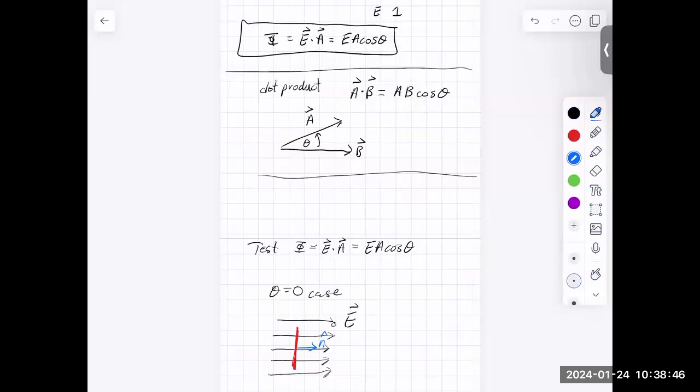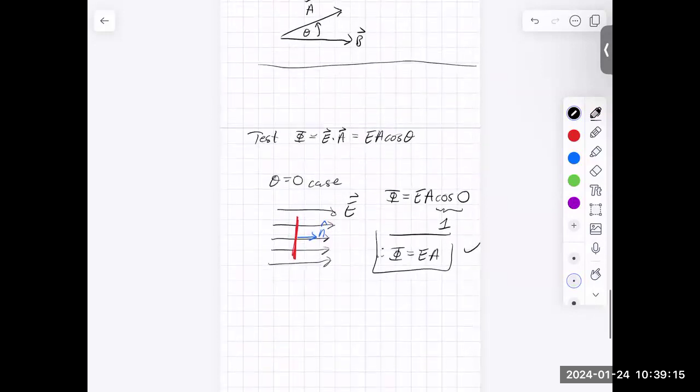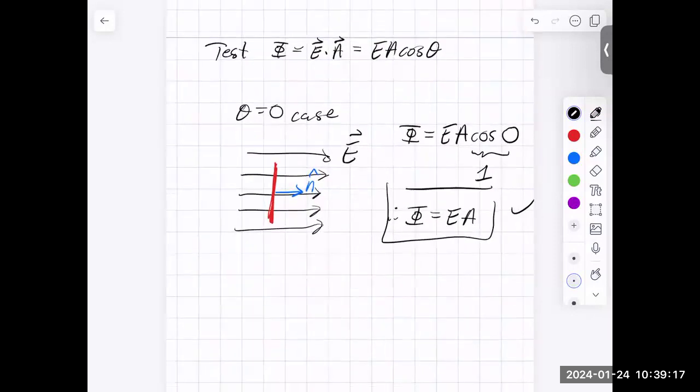Okay, n hat and E are parallel. So phi is EA cos of theta, but theta is equal to 0. What's cosine of 0? 1. So therefore, the flux is equal to E times A. And that checks out. That was the very first example we did. So that makes sense. All right. So that was a pretty easy case.